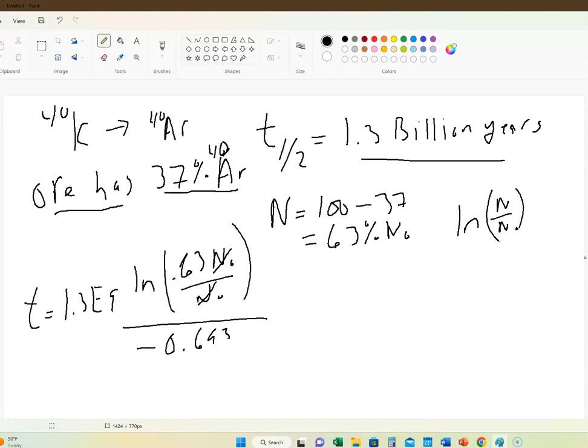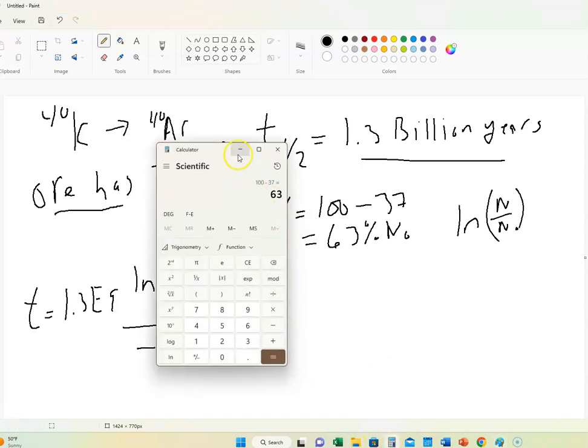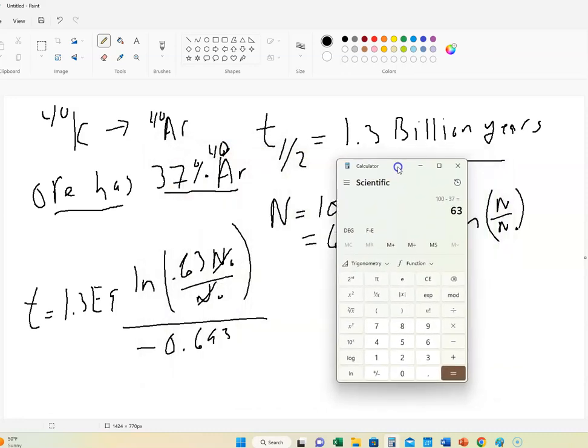Let's do this. I'll get my calculator here. There's my 63%. So it's going to be 0.63, the natural log of that, and then divide it by 0.693. On most calculators you hit the negative first, but this one is kind of weird, you have to hit it afterwards.